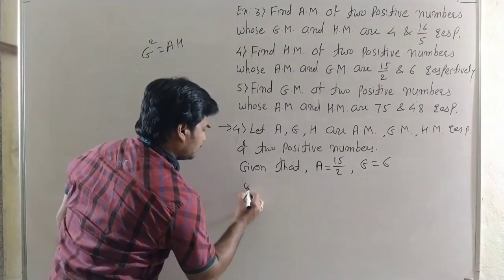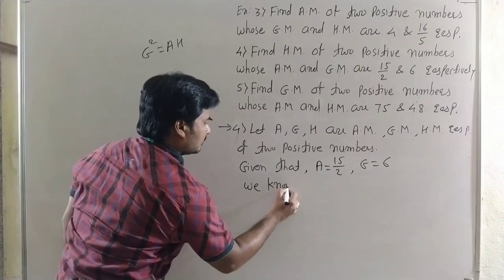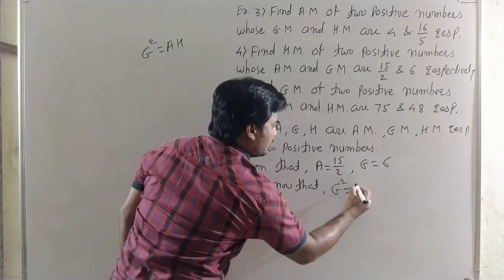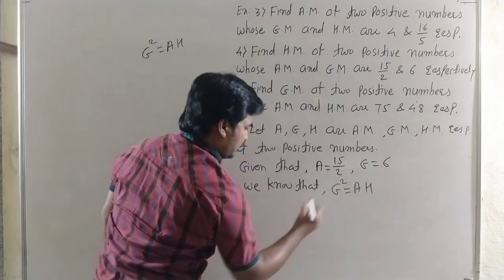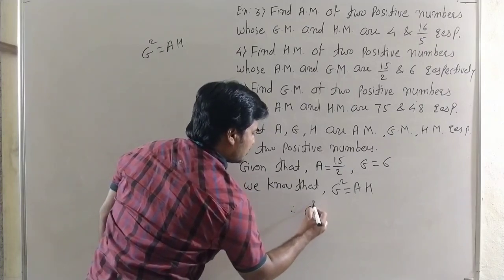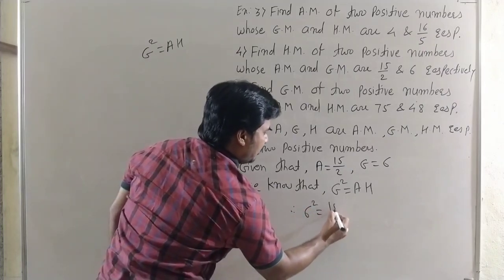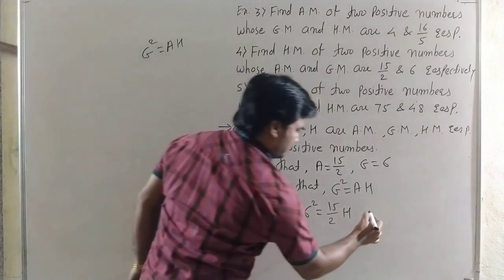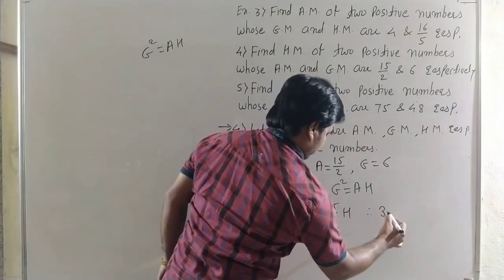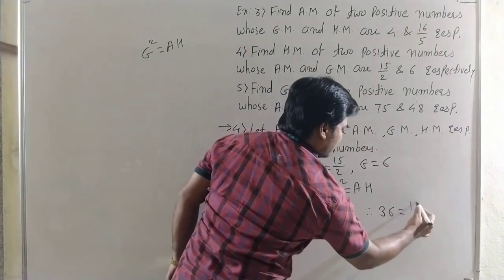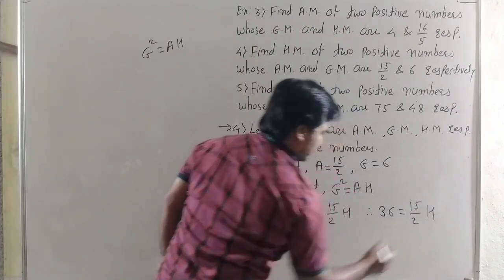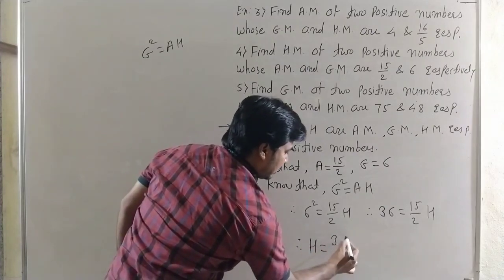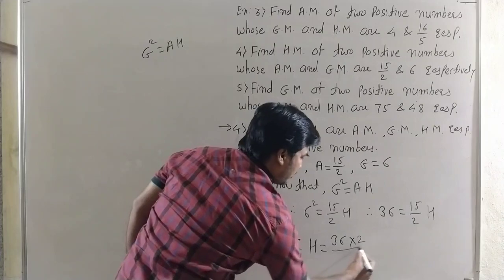Now we know that G square is equal to A into H, and therefore G square, it is 6 square, is equal to A, it is 15 by 2 into H. Okay, therefore we can write 36 is equal to 15 by 2 H. See carefully, and therefore H is equal to 36 into 2 upon 15.